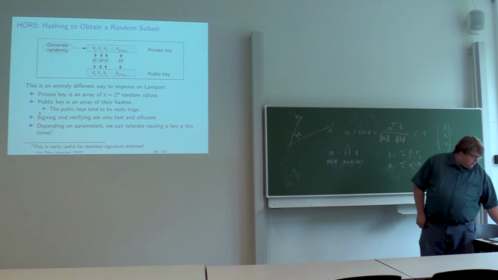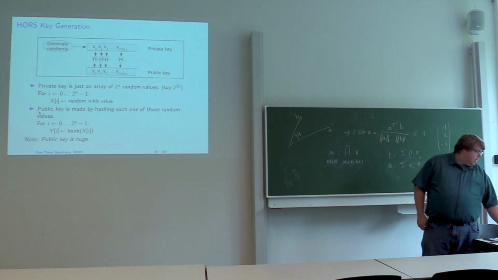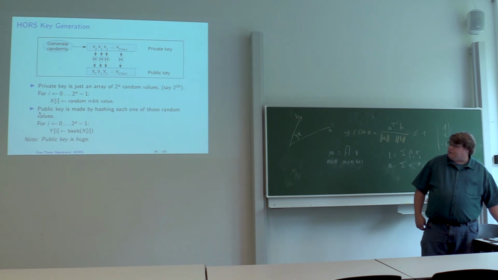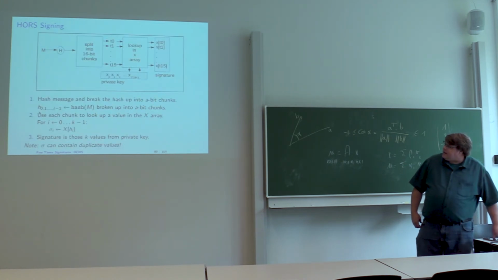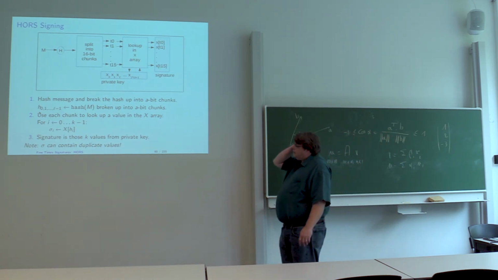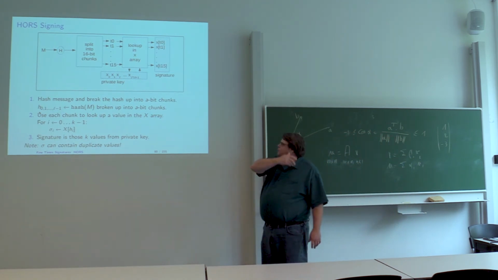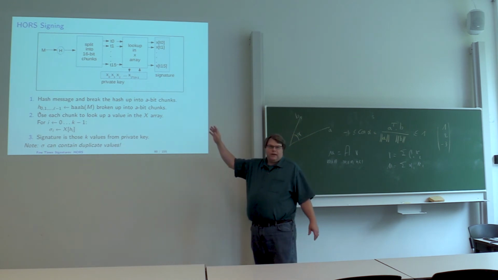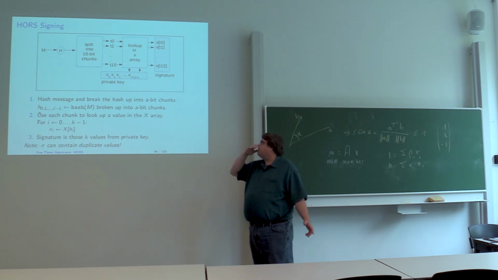So let me show you. Key generation, as I just talked about, is just random number generation and hashing. Signing is a little more complicated, but not too bad. Basically you're going to hash your message and break it into chunks. In this case I'm going to assume A equals 16, so we're breaking it into 16-bit chunks, just like before.